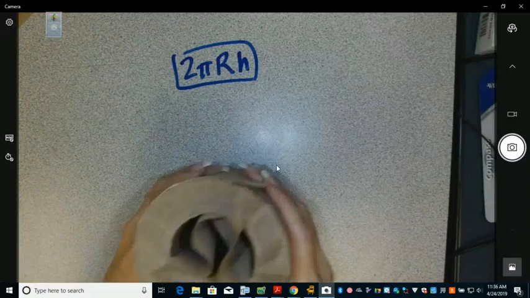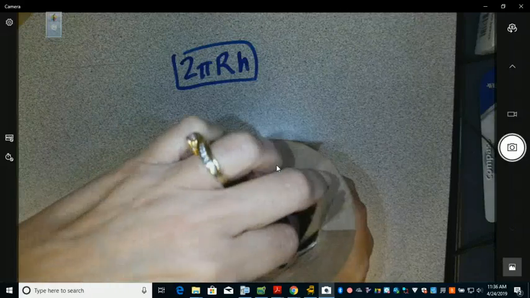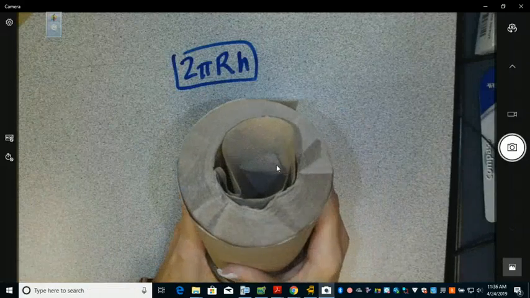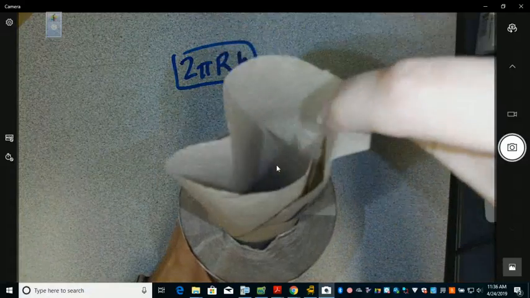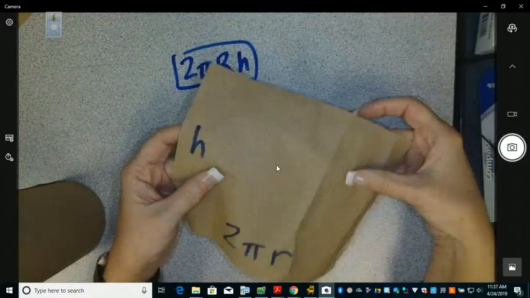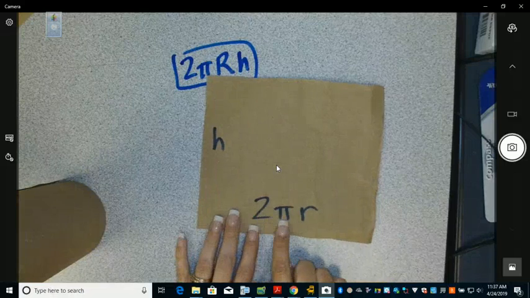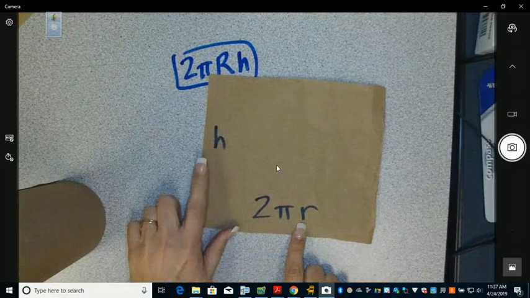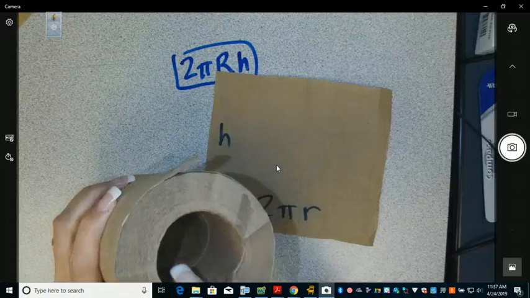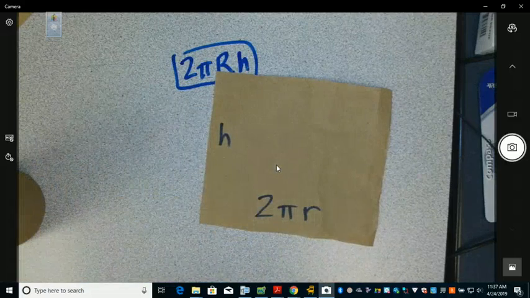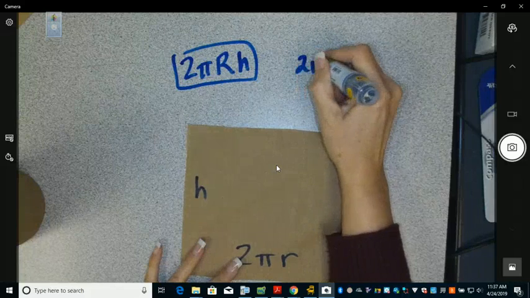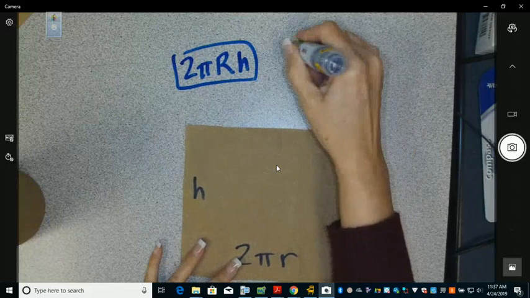This piece here would have to match the inside part there. That is included in the surface area. So if I take that out and open it up, that is 2 pi little r times h. That's the little cylinder rectangle inside.